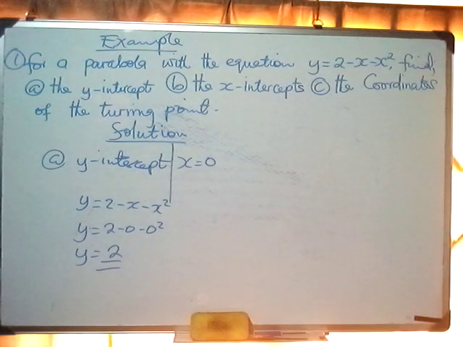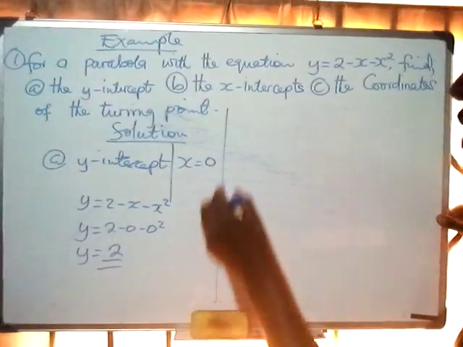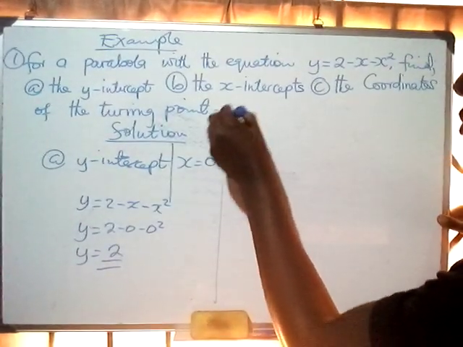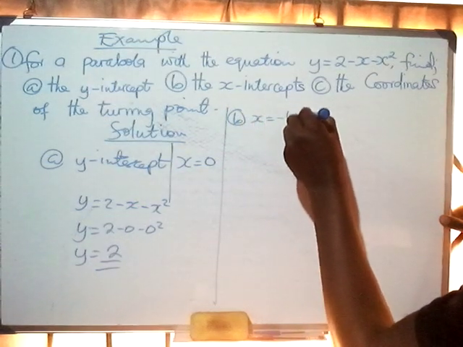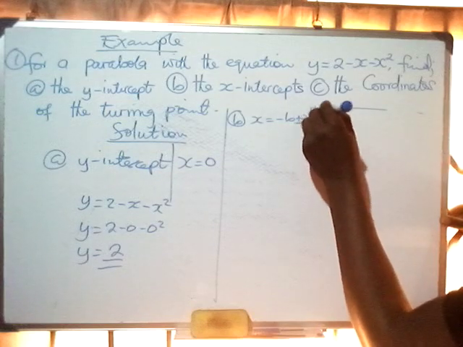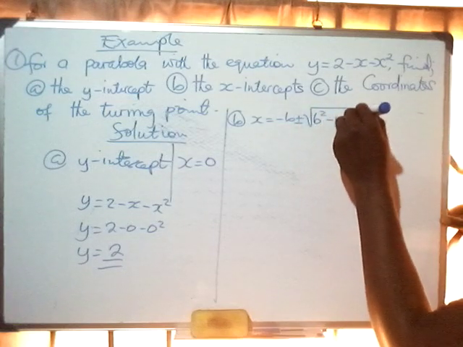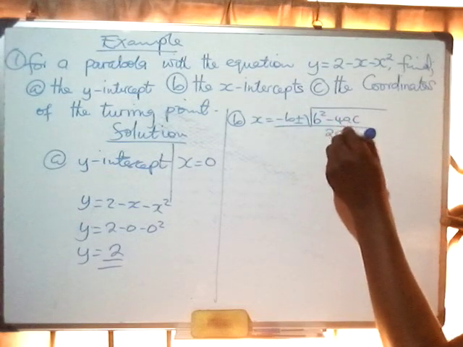Let us now go to the next question, which is finding the x-intercepts. Remember we said the formula is x is equal to negative b plus or minus the root of b squared minus 4ac, everything over 2a.